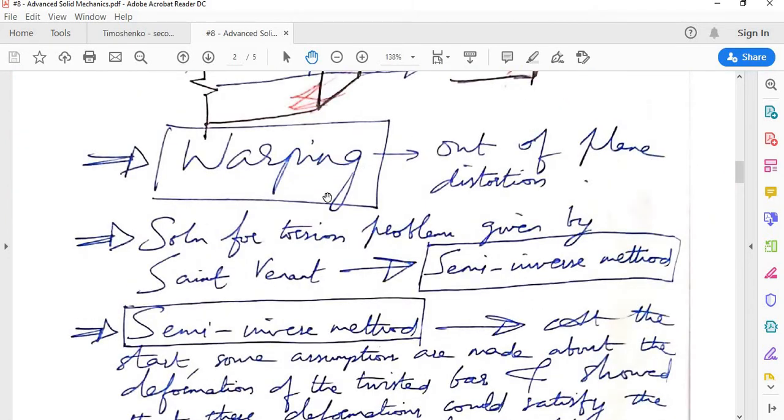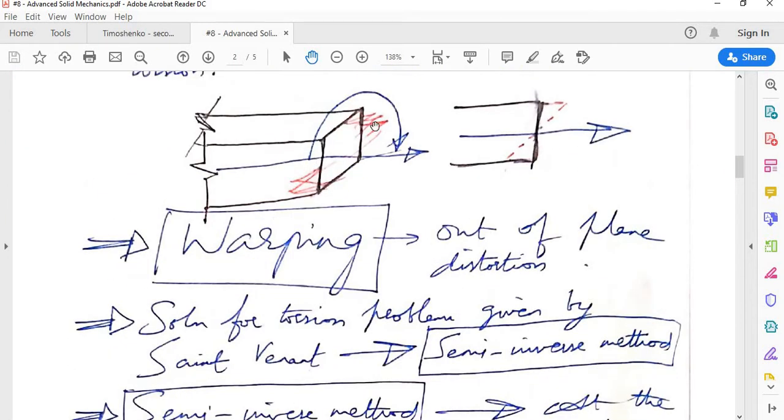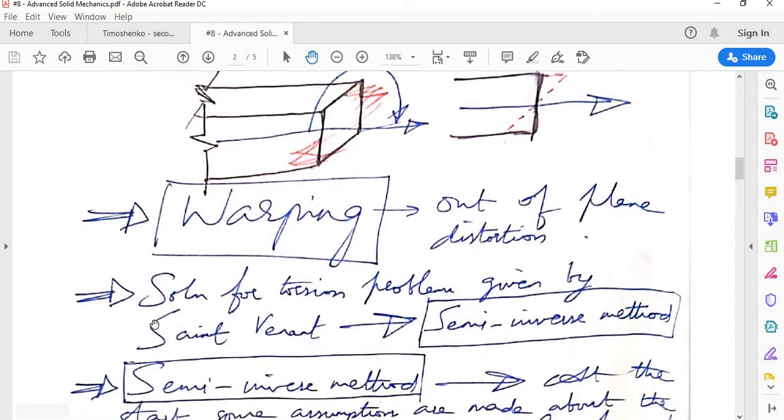Later, the exact solution for non-circular cross sections, taking into consideration the effect of warping, was arrived at by Saint Venant. You might have heard that name many times, Saint Venant. He is like a predecessor to Timoshenko.